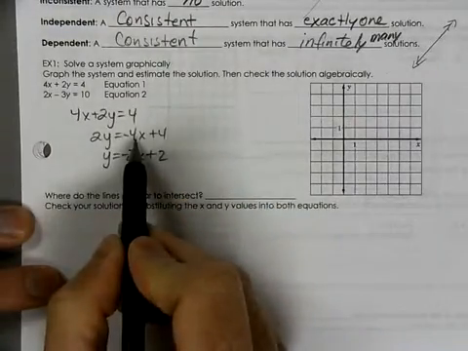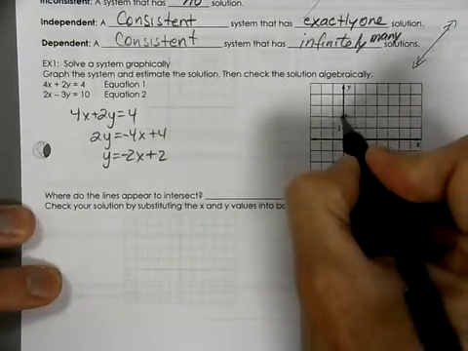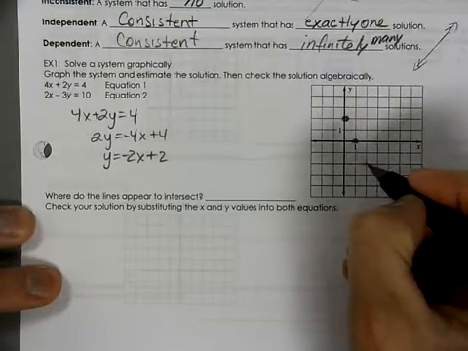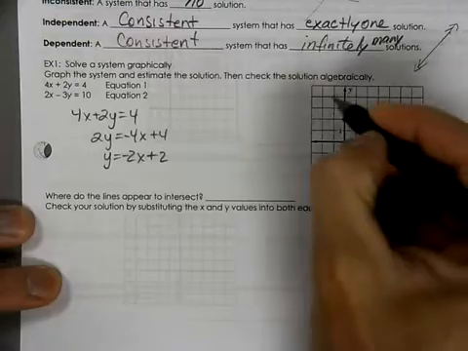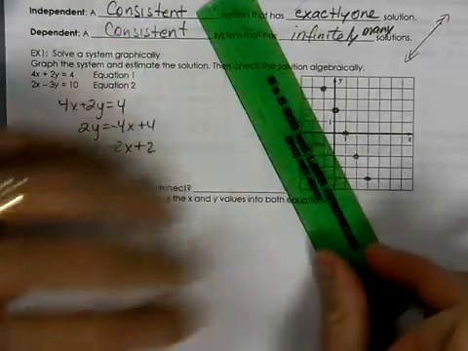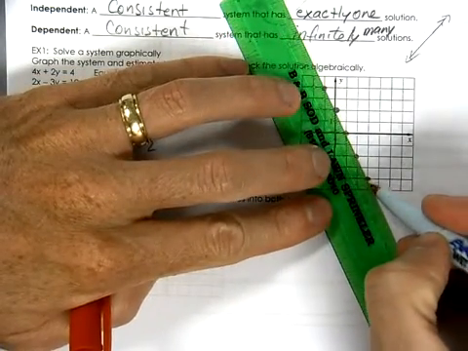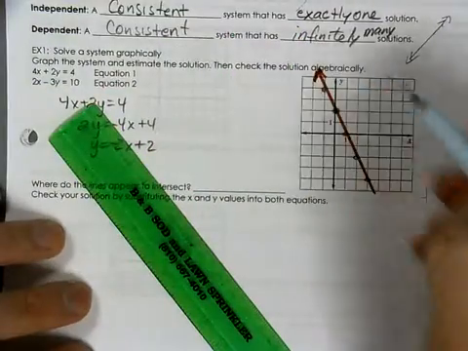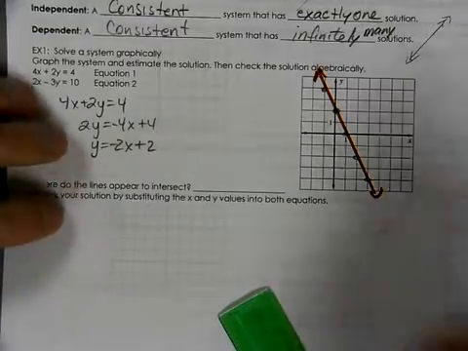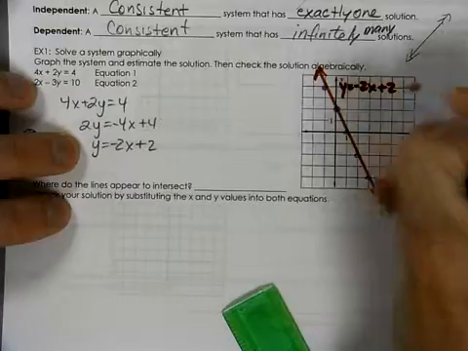So I subtracted the 4x over, I divided by 2. Now I'm going to have a y-intercept at 2 and a slope of negative 2. So then we'll connect the dots together. The equation is y equals negative 2x plus 2.